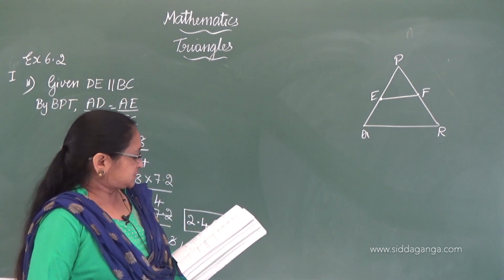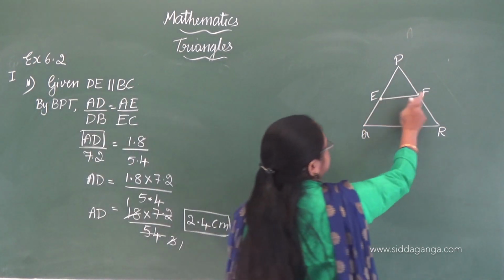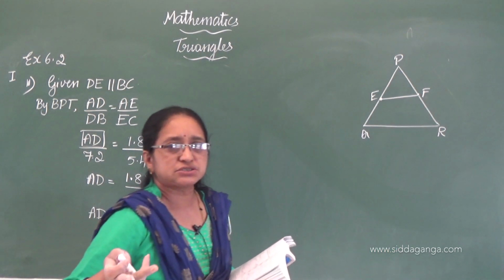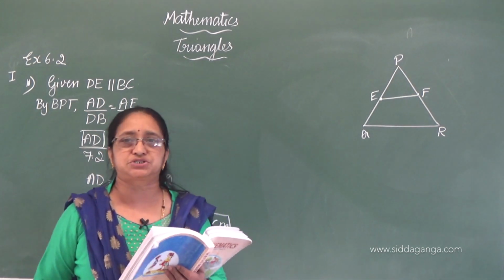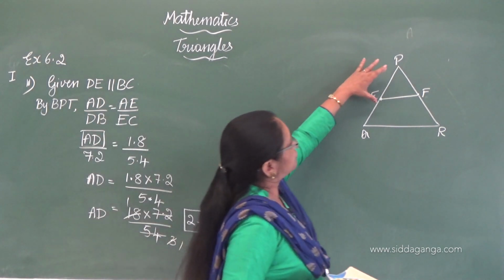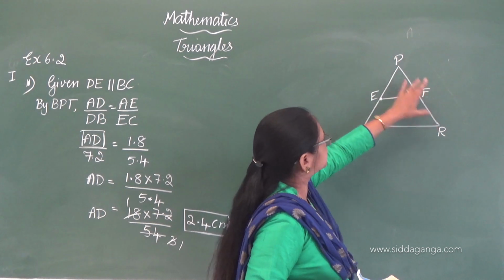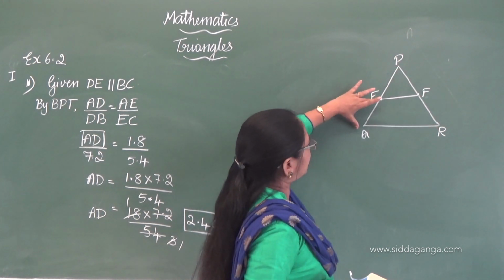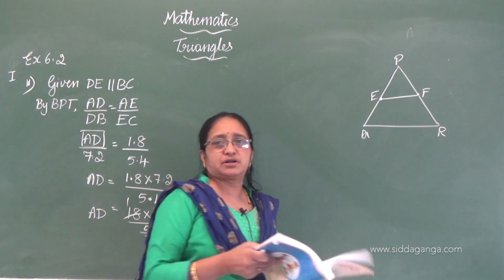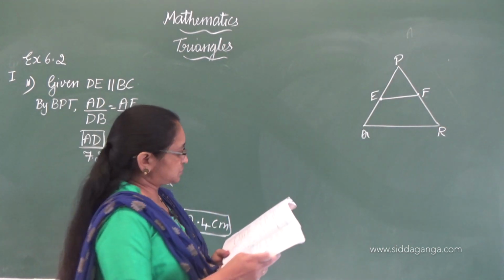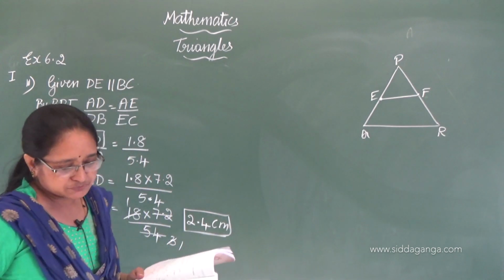For each of the following, state whether EF is parallel to QR. So what is the condition for EF to be parallel to QR? The ratio of this division should be proportional, that is PE by EQ should be equal to PF by FR, correct?